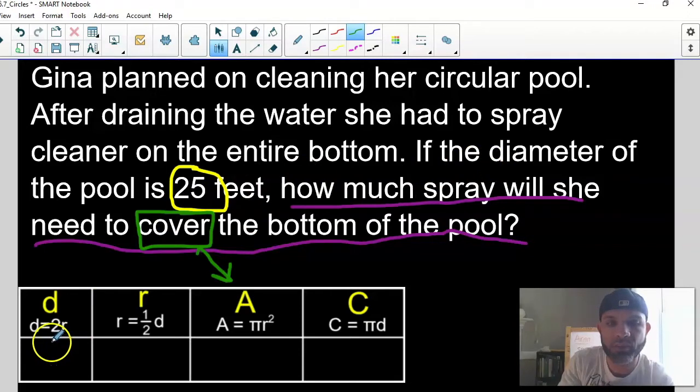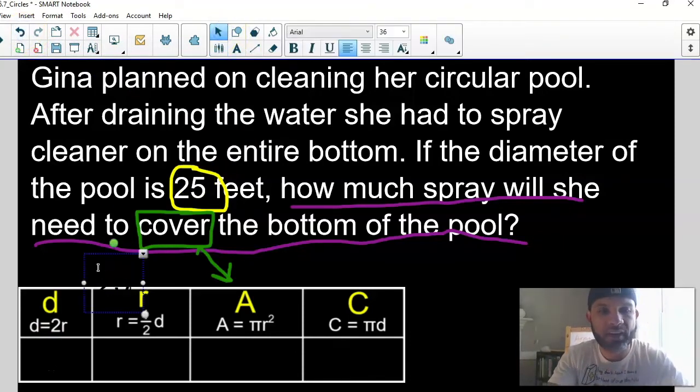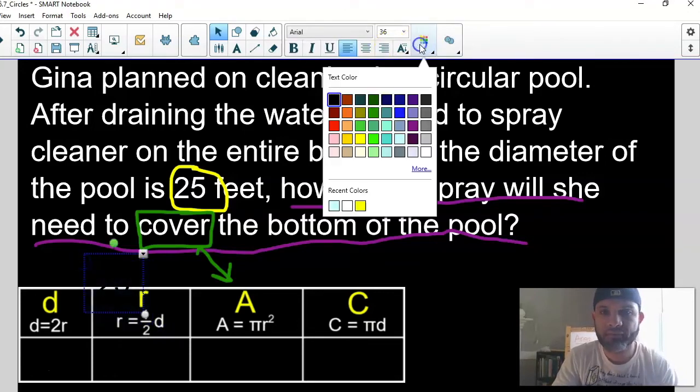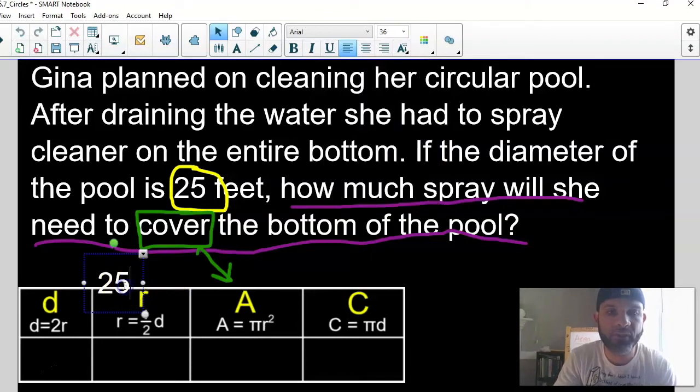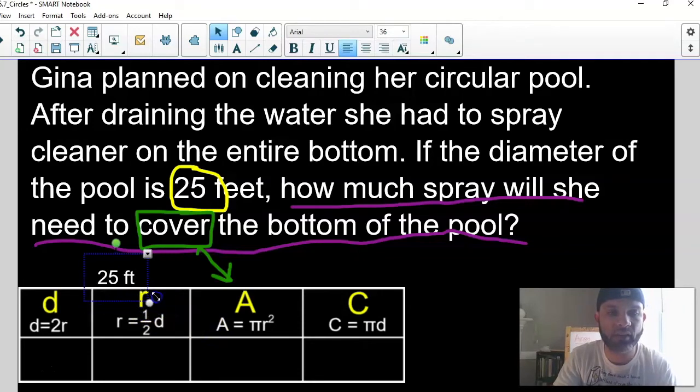So I'm going to put 25 here. Ooh, that doesn't look good. Let's type it in. So 25, and I'm going to make that visible here. And it is feet. So 25 feet goes under the diameter.